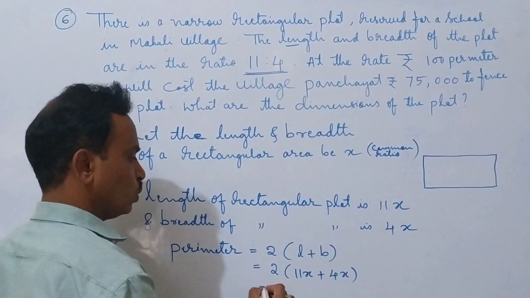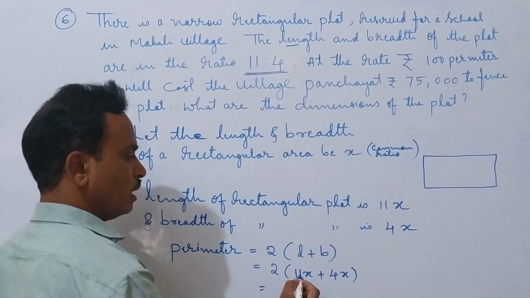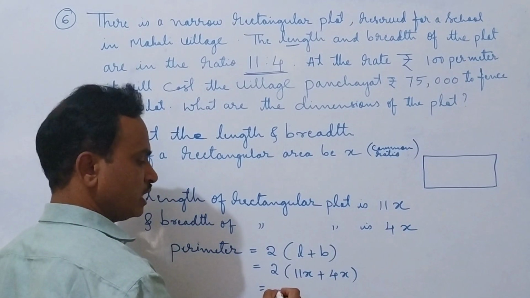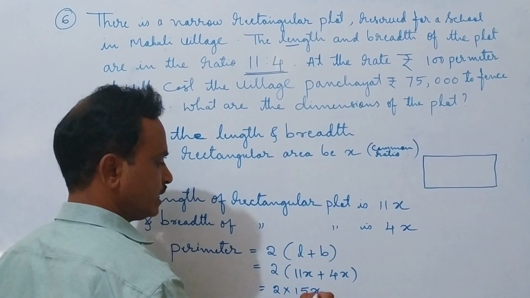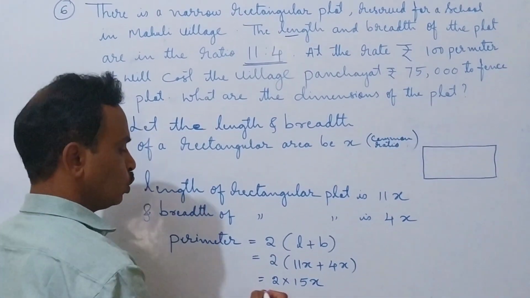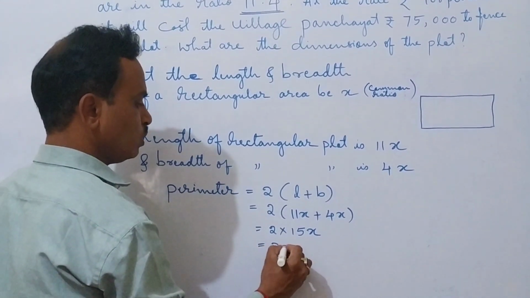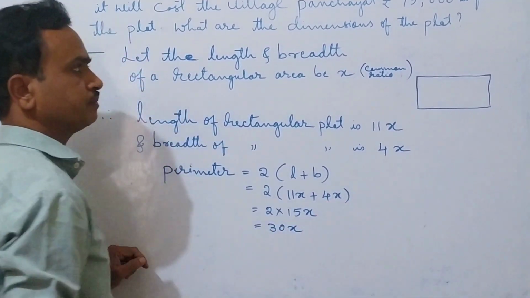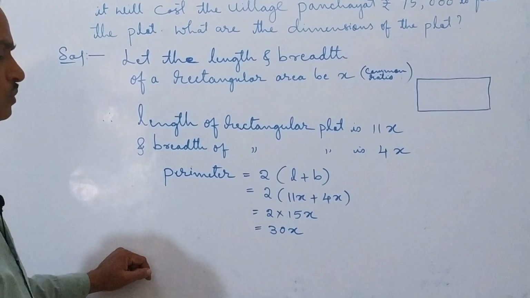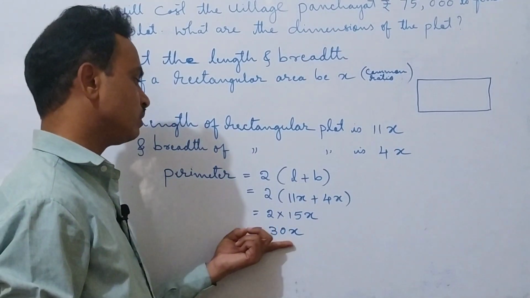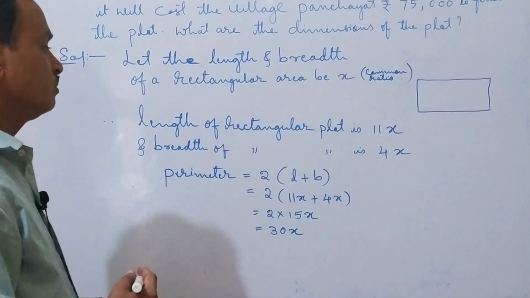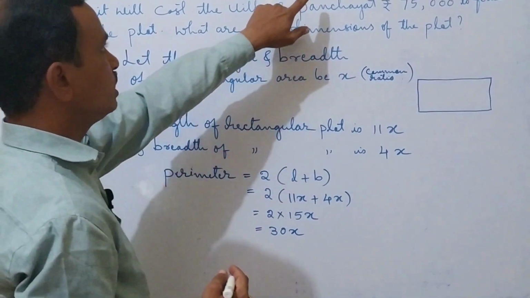Now 11 plus 4 is 15, 2 into 15x, that is equal to 30x. So the perimeter is 30x.